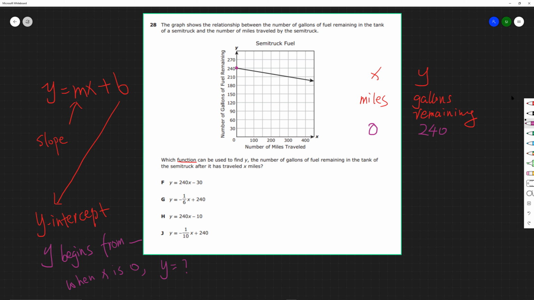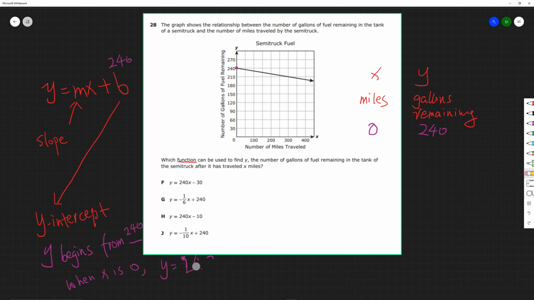So that means before the truck travels, there are 240 gallons of fuel remaining. So y begins from 240. When x is 0, y is 240. So the y-intercept, this b, is 240.